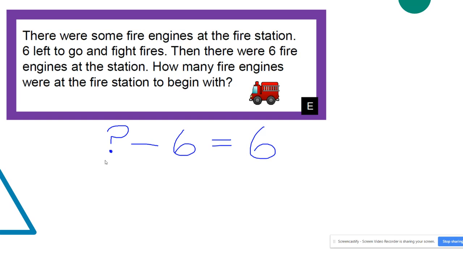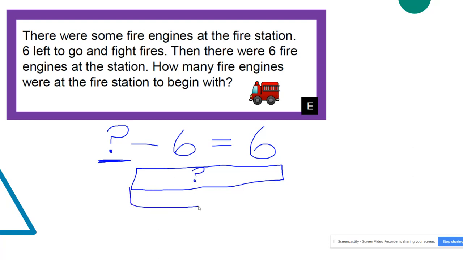Okay, so we don't know how many to start with. Remember, when the beginning is unknown, that's your whole. You don't know how many fire trucks were at the station to start with. But 6 drove away and 6 are left at the station.